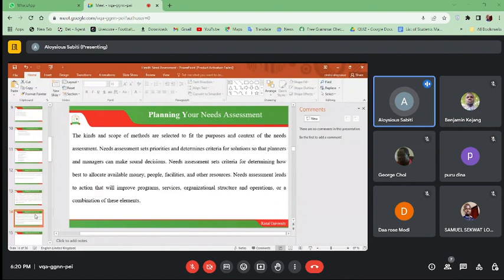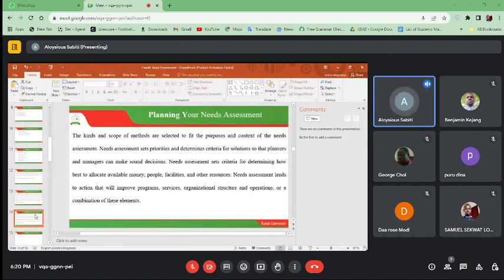So the kinds and scope of methods are selected to fit the purpose and the context of the needs assessment. So needs assessment sets priorities and determines criteria for solutions so that planners and managers can make sound decisions. And needs assessment sets criteria for determining how best to allocate available resources.